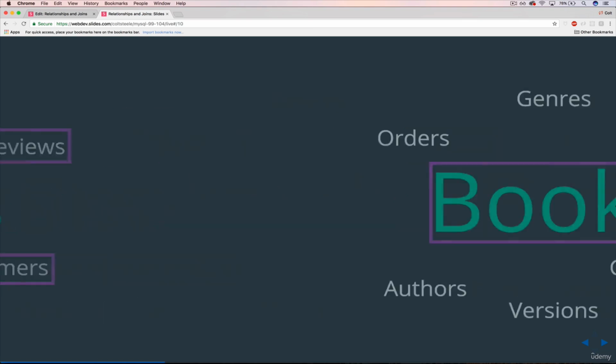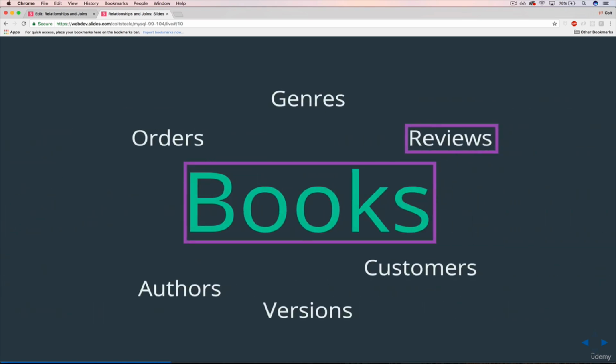What is the most common is actually a one-to-many relationship. And that's what we'll spend the most time on in this course because, like I said, it's really common. So here's an example. The relationship between books and reviews. One book can have thousands of reviews, right? Let's say Into Thin Air by Jon Krakauer could have probably tens of thousands of reviews by this point. It's been out for a while.